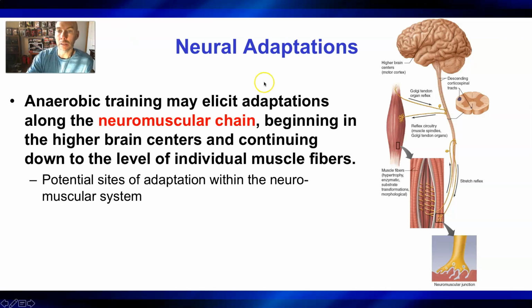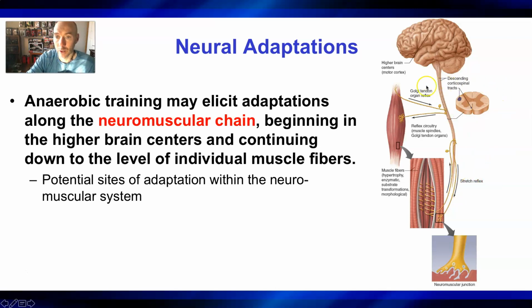Okay, so some specific things that we see: I mentioned the reflexes that we talked about in a previous lecture. They become more coordinated as well. The stretch reflex is enhanced by using it, and you may remember the stretch reflex increases force production.